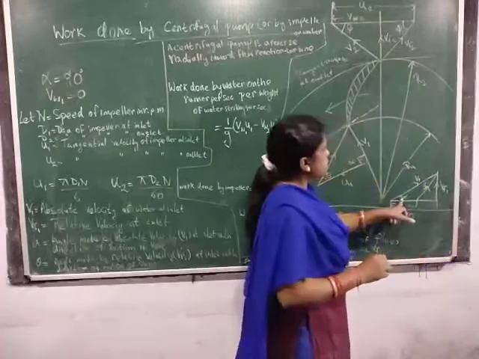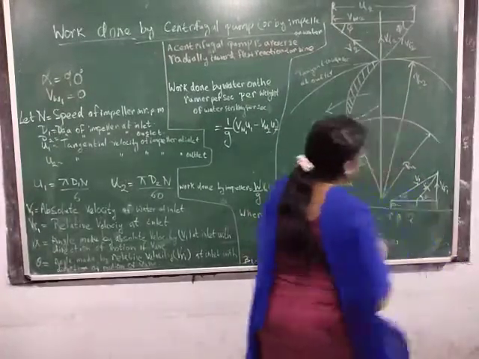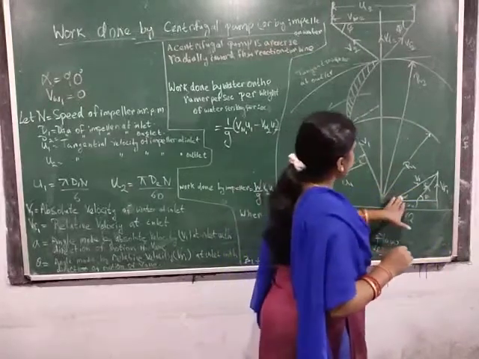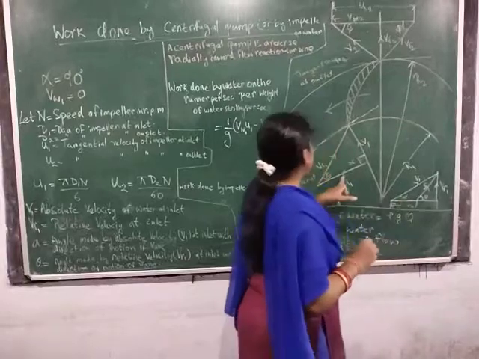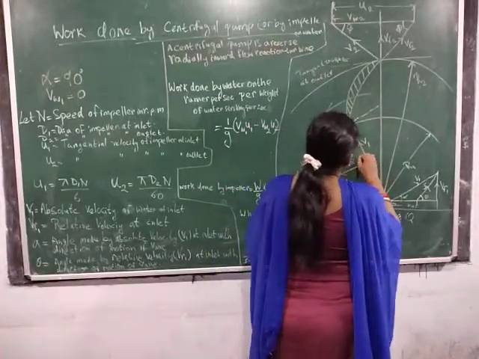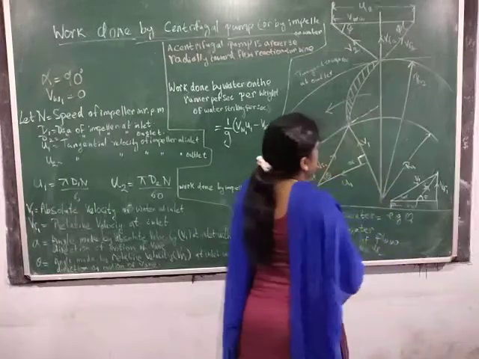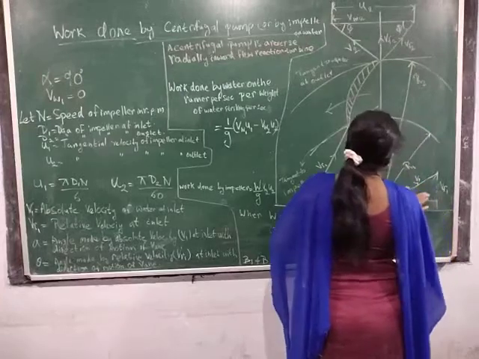Here this was your alpha and this was your theta. In that triangle alpha is an acute angle, but here alpha is 90 degrees. So the triangle becomes like this.